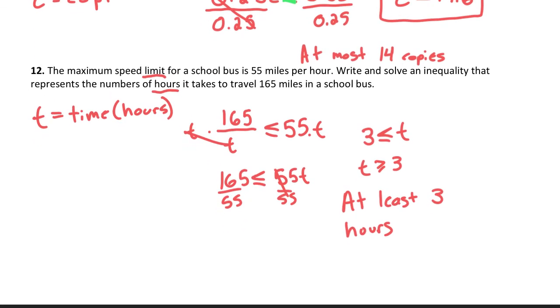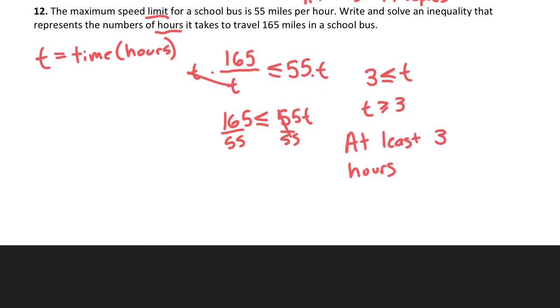In the second one, it's a little tricky. It says the maximum speed limit for a school bus is 55 miles per hour. Write and solve an inequality that represents the number of hours it takes to travel 165 miles. So I use t to represent the number of hours, and if we remember, distance equals rate times time.